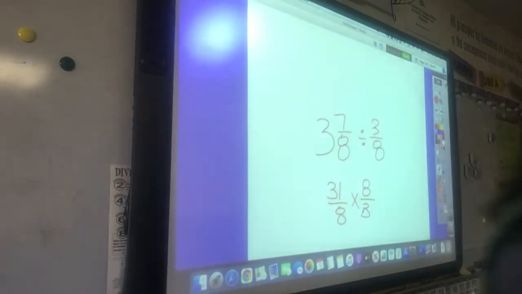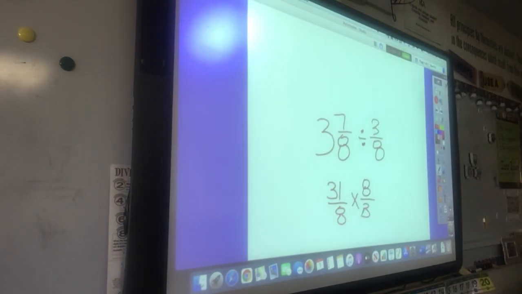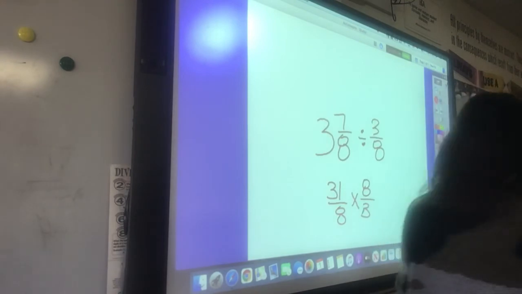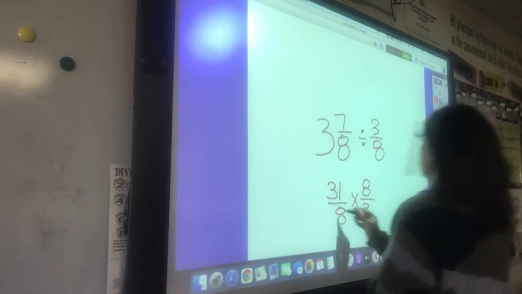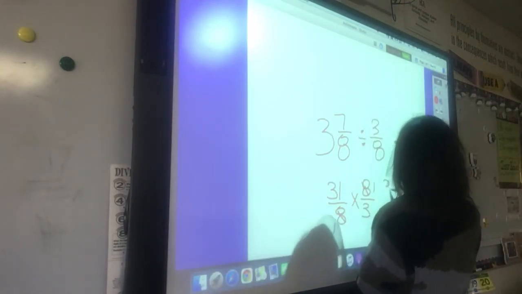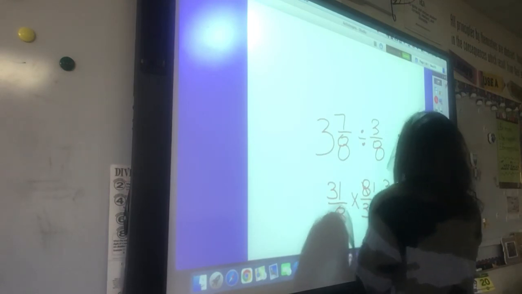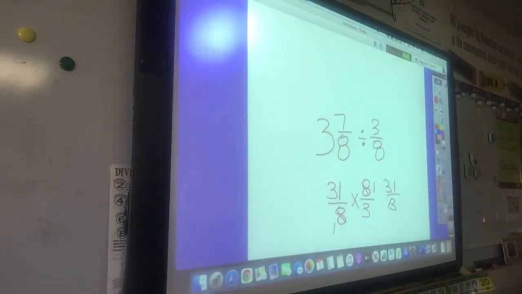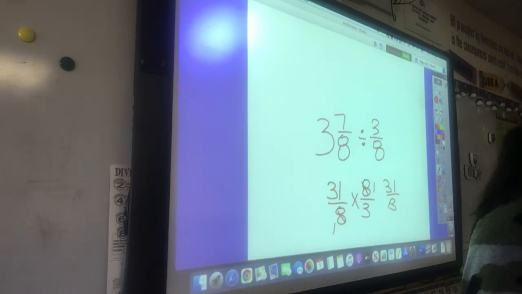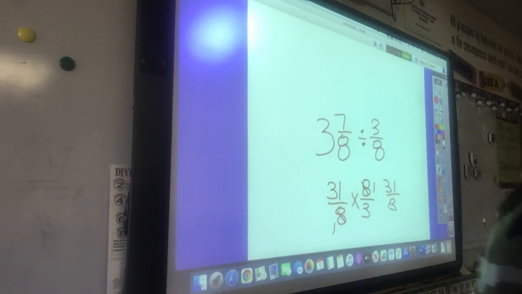On this one, the 8s will go away, but we will still have 31/3. We know 3 goes into 30, but it doesn't go into 31. So we know we're going to have a mixed number answer. And so what would we get, Ellen? 10 1/3. Yes, 10 1/3.